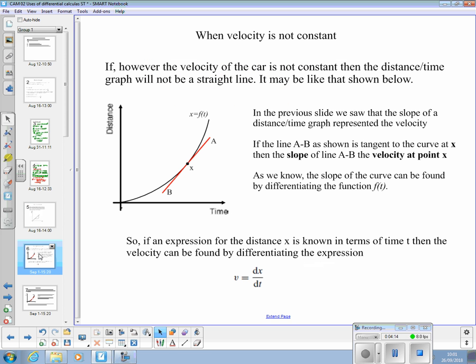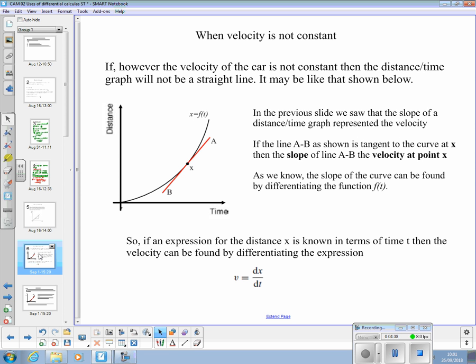When the velocity is not constant, so a car, if its velocity is not constant, then the distance time graph will not be a straight line. Could be like it is shown there. However, I don't think that kind of velocity change could carry on for too much longer. It's going to tail off at some point.